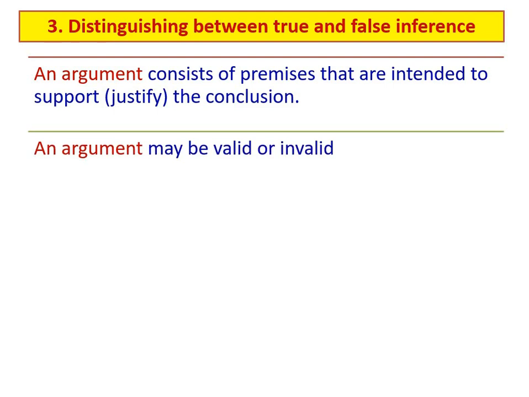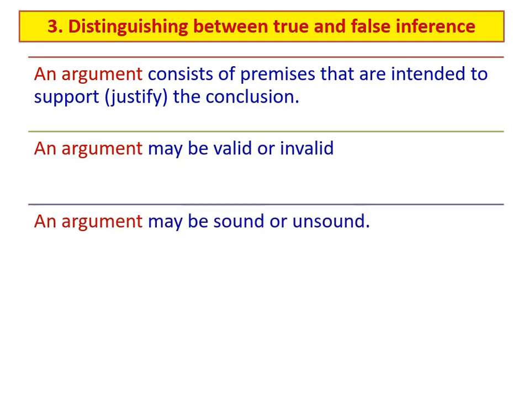And this argument may be valid or invalid. But what about validity and invalidity of the argument? An argument may be sound or unsound. So, what is meant by sound or unsound, or true and false?